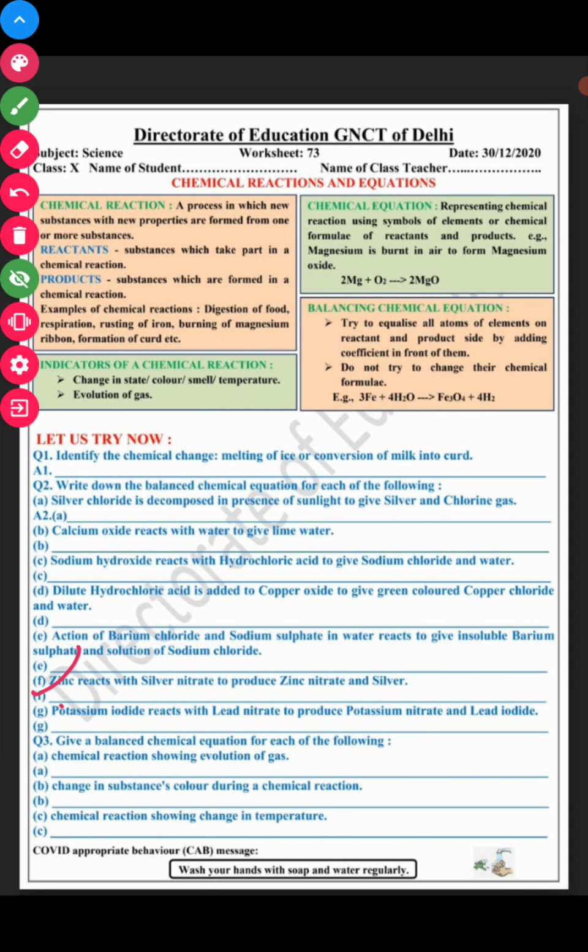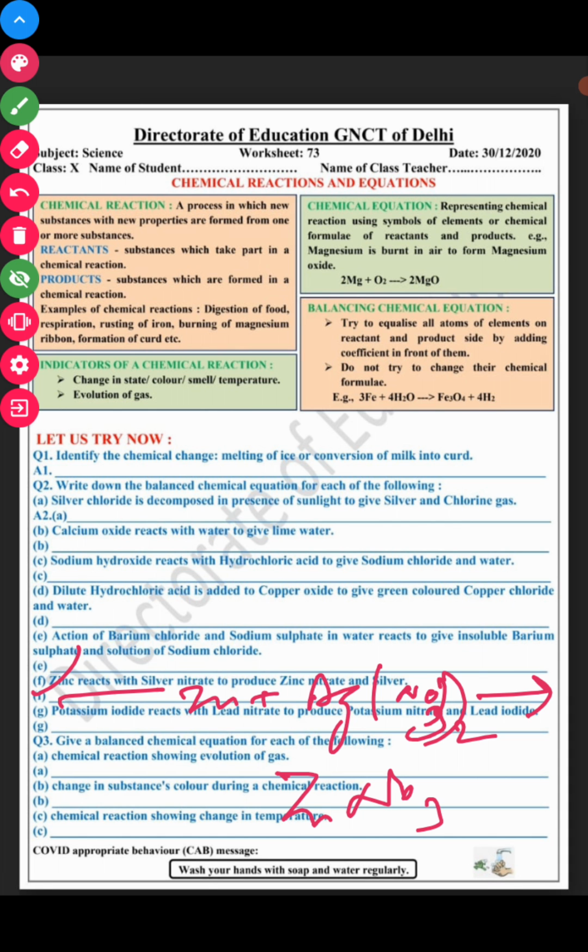Next we have zinc reacting with silver nitrate, and it will give you zinc nitrate plus silver. So zinc when it reacts with silver nitrate will give you zinc nitrate, Zn(NO3)2, plus silver. You have to put 2 to make it balanced.